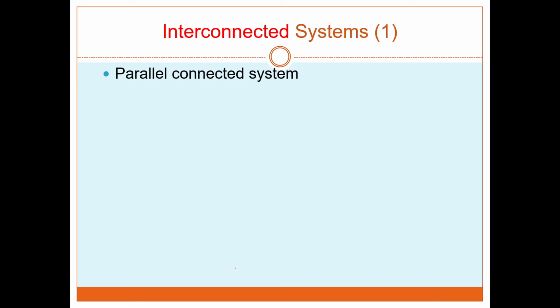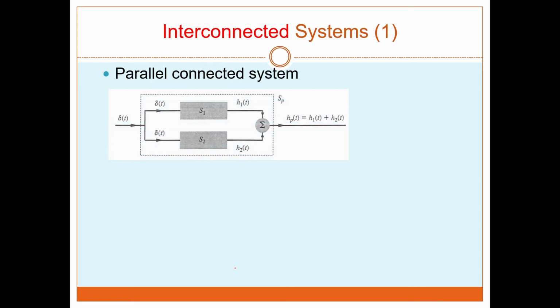Alright, so now it's the types of system connections. Basically, we have the first one, which is the parallel connected system. When we say parallel, that means the system will give input to this summation box, or adder, in parallel, or at the same time.